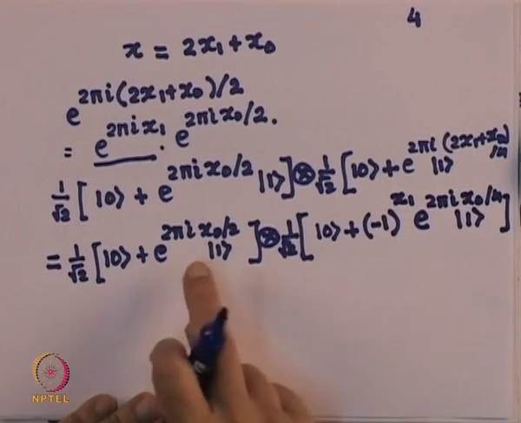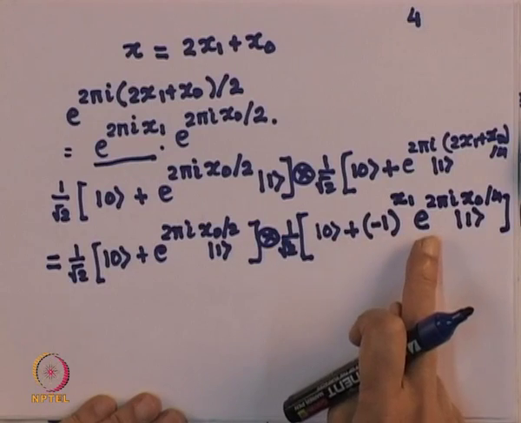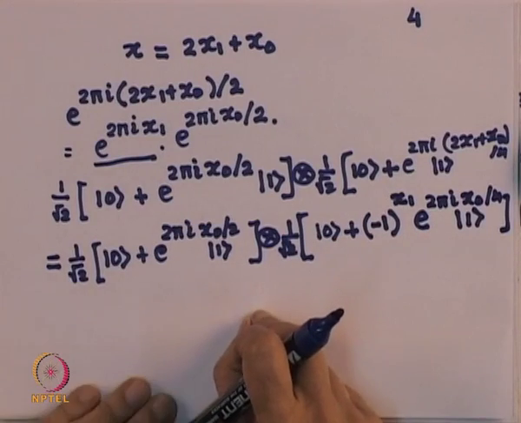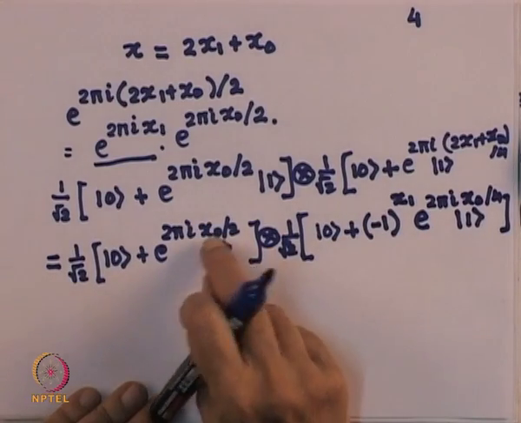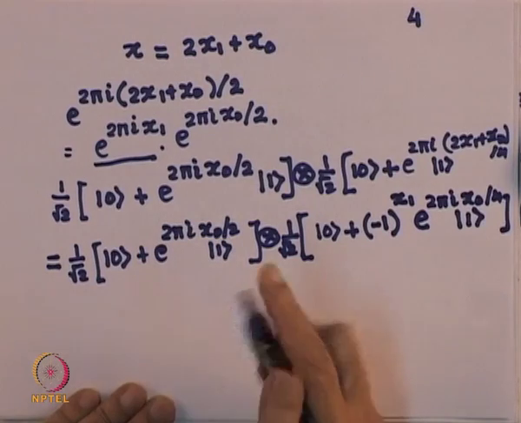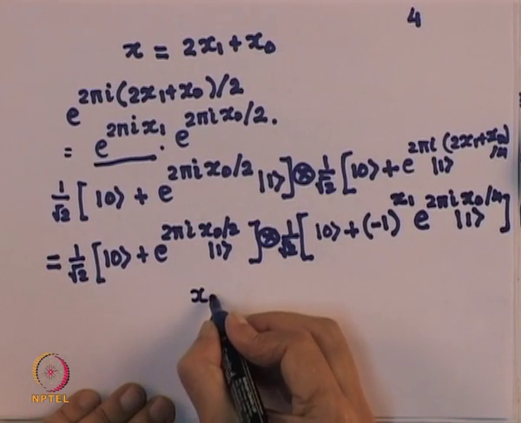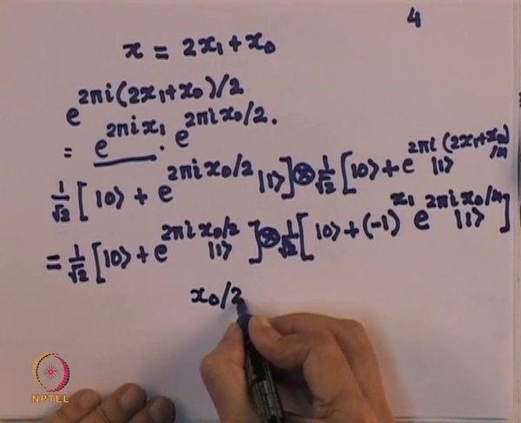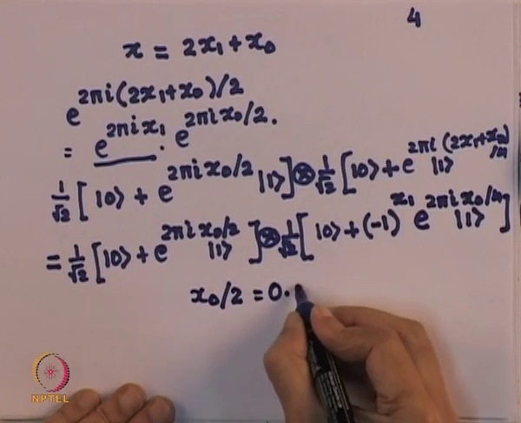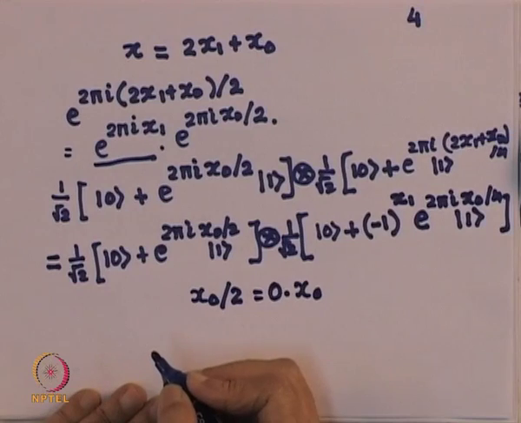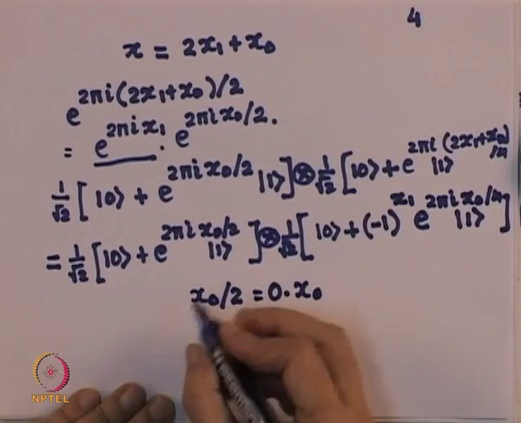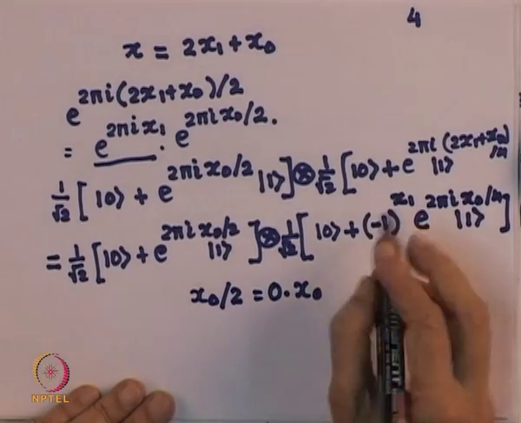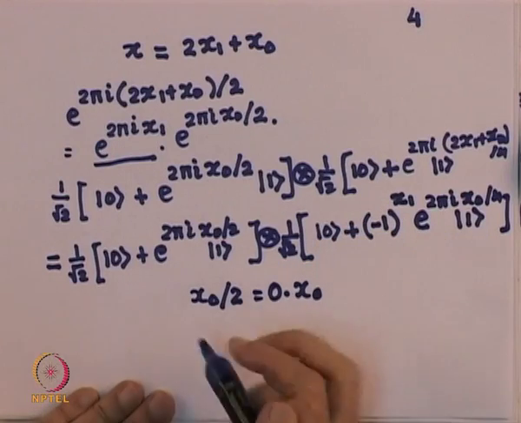Now, we need to rewrite these in a particular way. I had already told you that this thing, which is x0 by 2. Since it is a single qubit, x0 by 2 can be written as 0.x0 in the binary point representation. And let us look at what I get here.